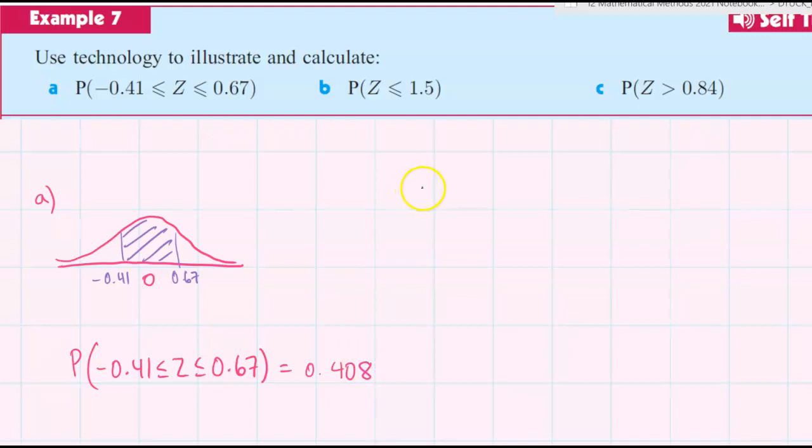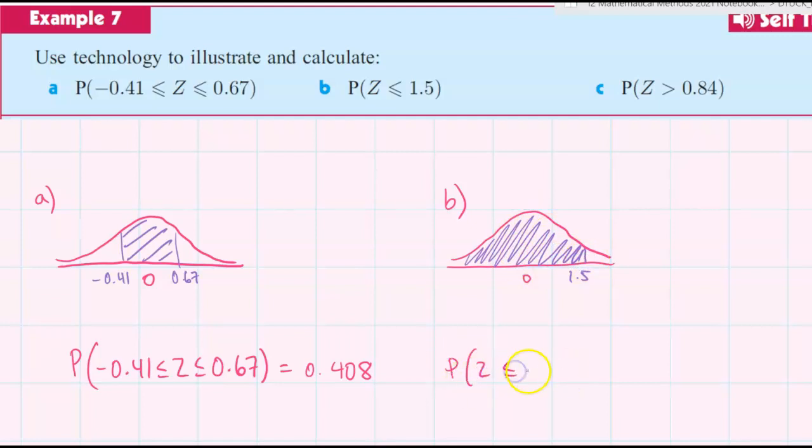Answer for A done. Come on, let's go. This is not tricky.